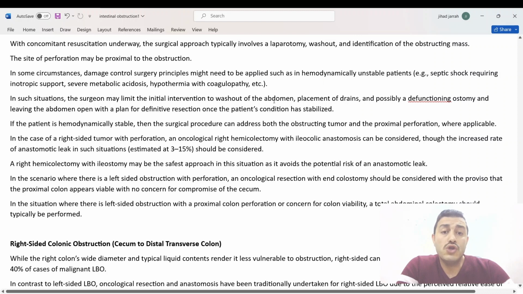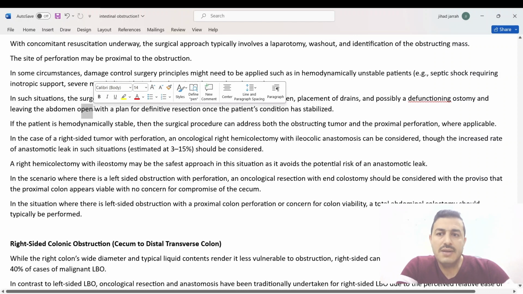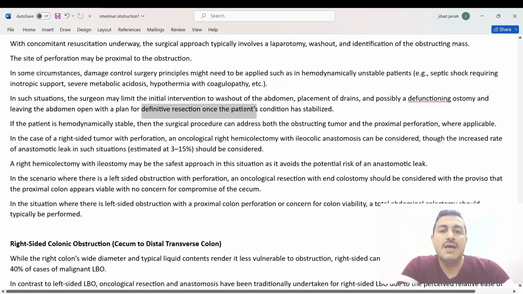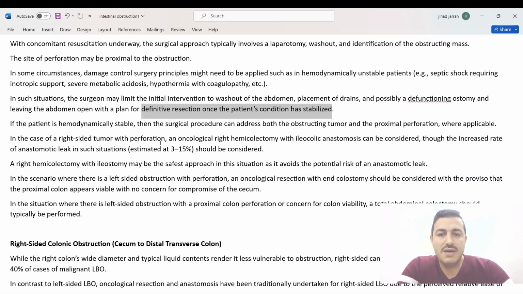We just do a washout of the abdomen. We place a drain with a possible defunctioning ostomy. We bring a stoma and leave the abdomen open, with a plan for definitive resection when the patient is stable.